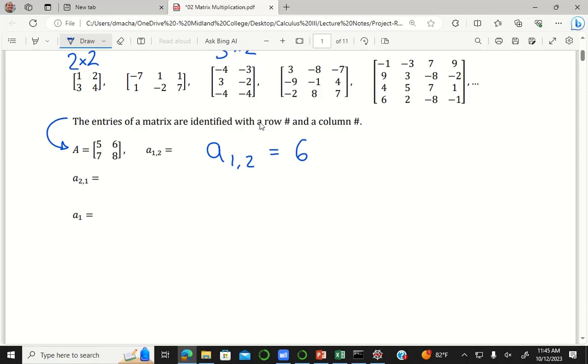So that's 6. If I ask you for a 2 comma 1, that's talking about the second row, first column. So that must be 7. If I write a with subscript 1, I'm talking about the first row, which is 5, 6.